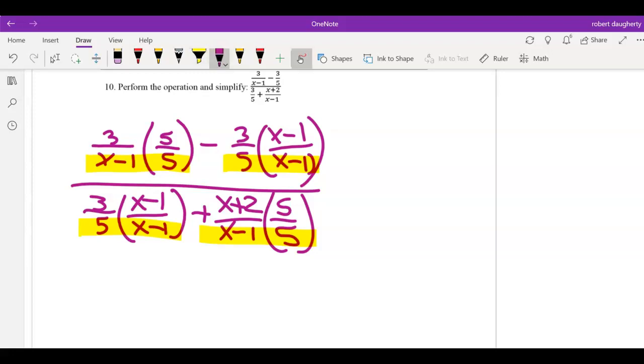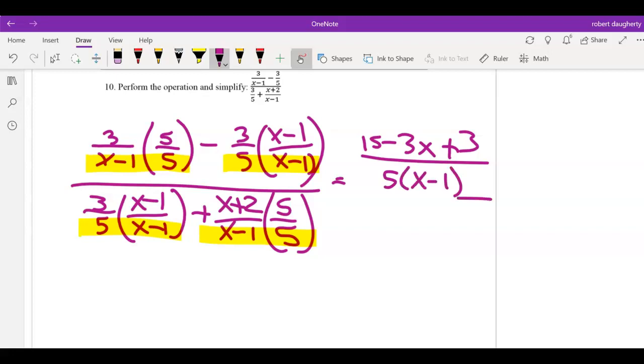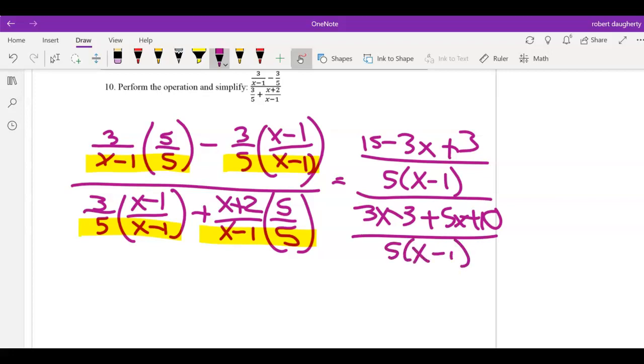So you've got 15 minus 3x plus 3 over 5 times x minus 1, divided by 3x minus 3 plus 5x plus 10 over 5 times x minus 1.